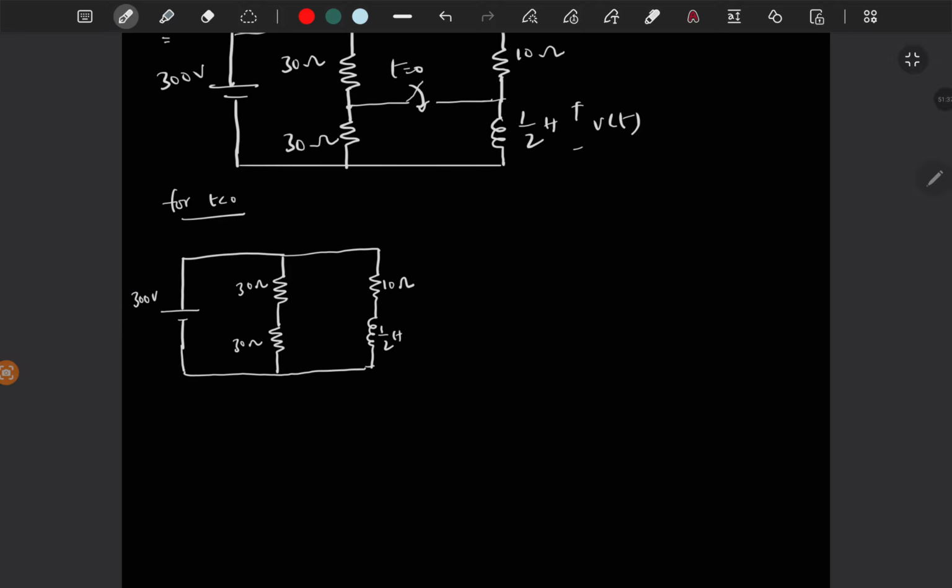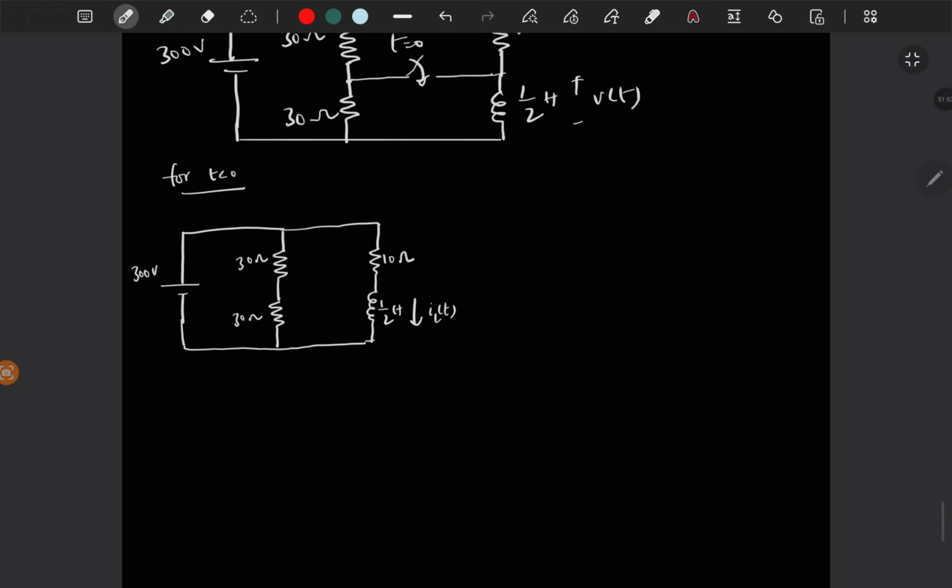So this is a first order RL circuit. I told you, you have to find first the current through the inductor. So let's find that, and from that you can get any variable. So this is IL of t. For t less than 0, we have 300 volts applied. At steady state, the inductor will be short circuited.